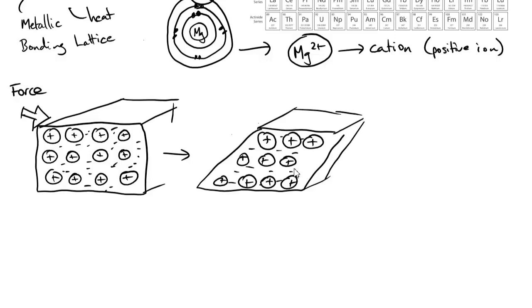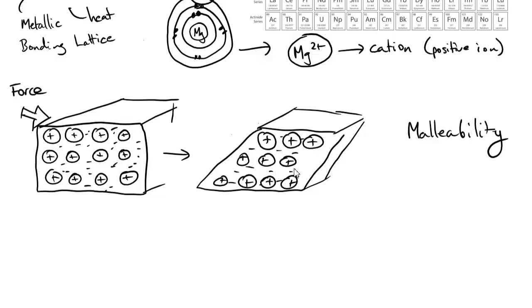And again, that's because whether it's in this three-dimensional shape here or that three-dimensional shape there, essentially every single cation is still stable because it's still covered with these delocalized electrons. And this is what gives it its malleability. And also this is what allows a metallic wire to be formed.